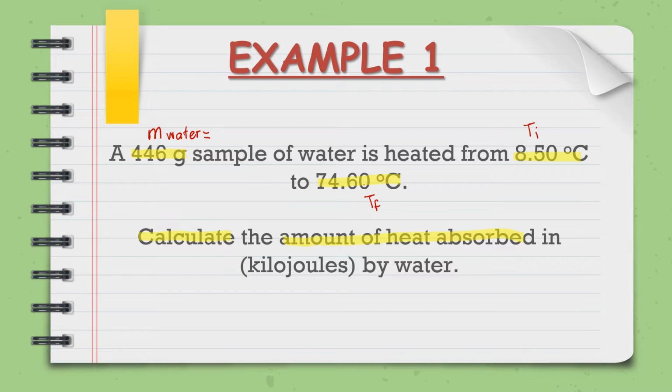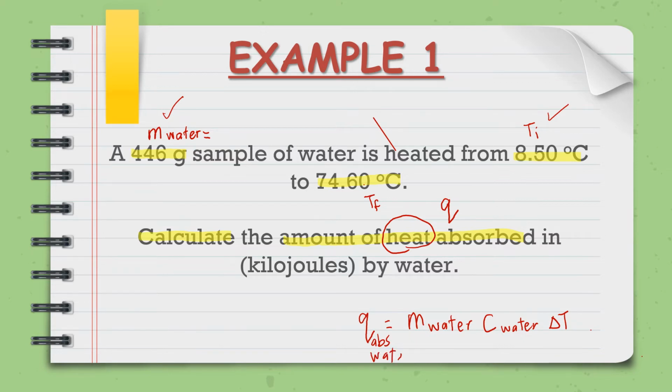The question asks for the amount of heat absorbed, so the question asks for Q. Since the information that we have is mass and delta T, the equation that we will use is Q equals mass of water times specific heat capacity of water times delta T, because we want to find the heat absorbed by water.